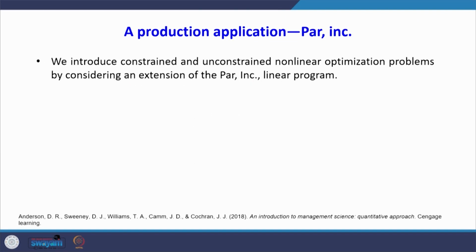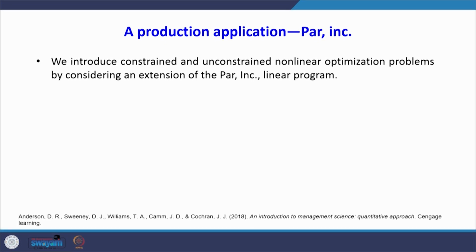We introduce constrained and unconstrained nonlinear optimization problems by considering an extension of the Par Inc. linear programming problem. This problem is taken from the book by Anderson et al. Already we have solved this problem in linear form. Now, we are going to modify that problem in a nonlinear context, then we are going to solve it.